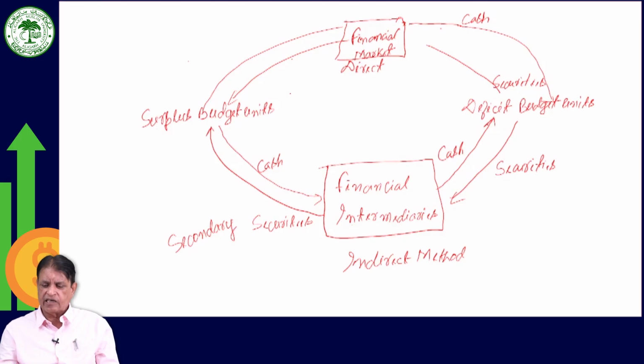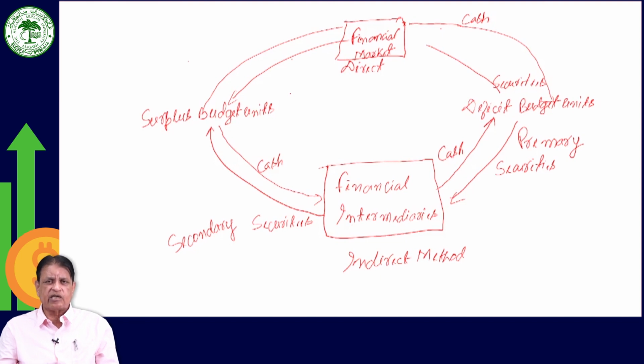Whereas the securities issued by the deficit budget units, whether issued to financial intermediaries or not, are called primary securities. These are primary securities. So now we can distinguish between the primary securities and secondary securities.